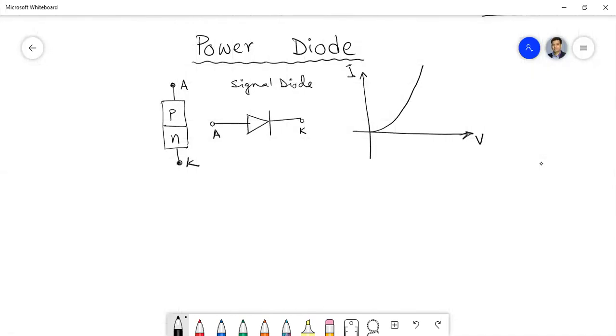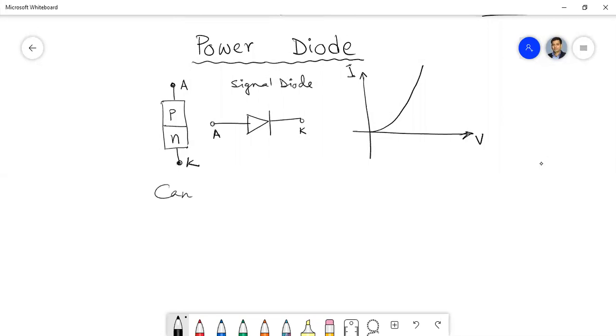Now what is the difference between this diode and the power diode? From the name itself you can understand that a power diode can carry much higher current and can withstand much higher voltage compared to the signal diode.